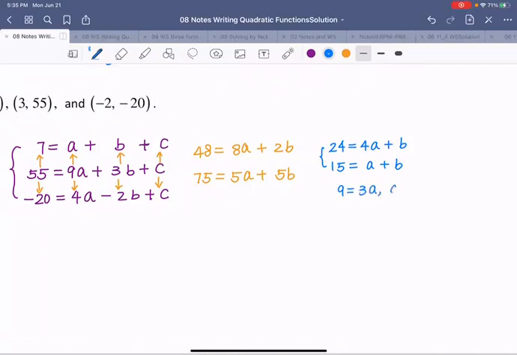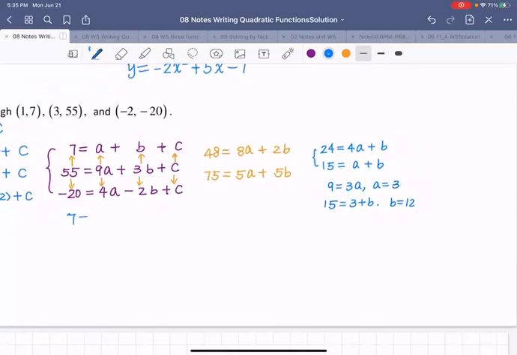Beautiful. a equals 3, good. So let's get b. b is equal to 12. Perfect. Let's come back here to find out the c. This is 3, this is 12, this is c. Go ahead. c equals 7 minus 15, which is negative 8.